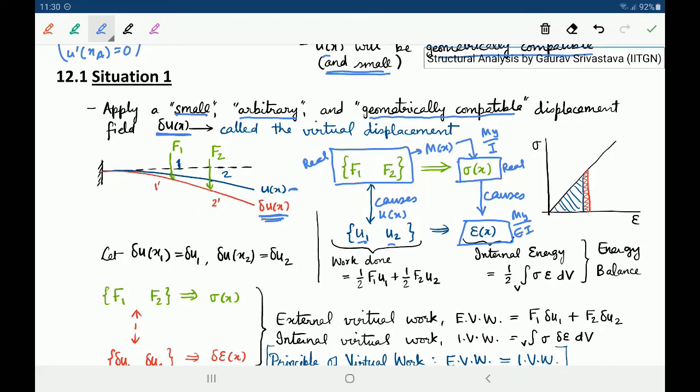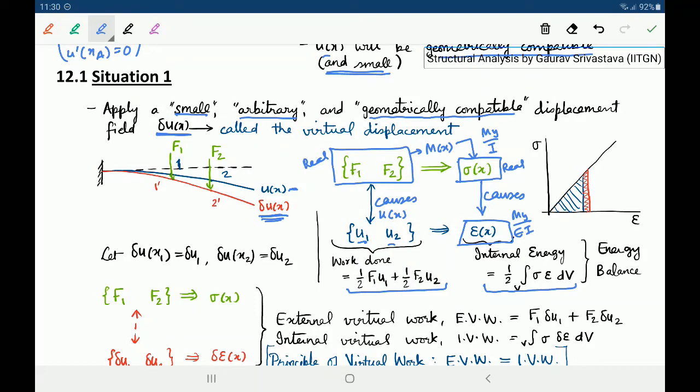Now since there is a cause and effect relation here, the external work done is going to be 1/2 of F1 U1 plus 1/2 of F2 U2, and the internal energy change is going to be like this. This we have derived in the energy methods.